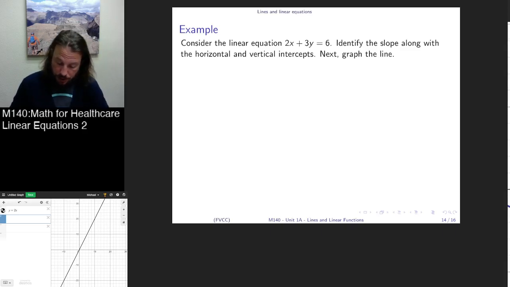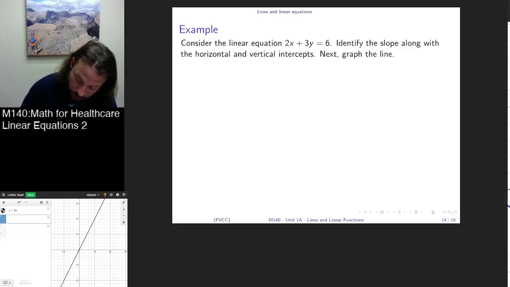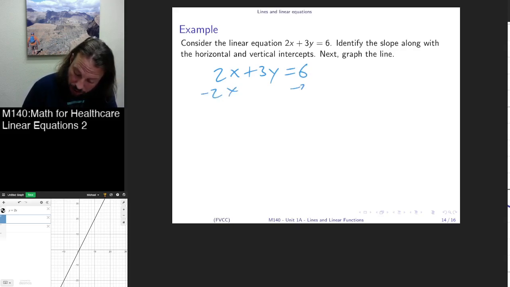We start with 2x plus 3y equals 6. We subtract 2x from both sides: 3y equals negative 2x plus 6. Then we multiply both sides by 1/3, or divide both sides by 3.